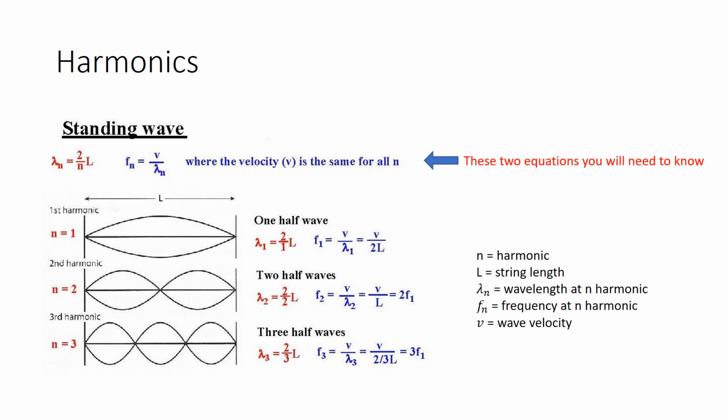Lambda, which is, of course, the wavelength, equals 2L over n, n being the number of the harmonic, and L being the string length. Now, f_n equals v over lambda. f is the frequency of the vibration, v is the velocity of the wave, and lambda, of course, is the wavelength.